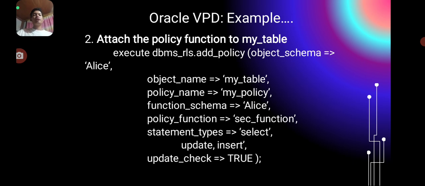For example, the object name is my_table, the policy name is my_policy, the function schema is Alice, the policy function is sec_function, and the statement types are select, update and insert. With the update check option, it returns a true result.